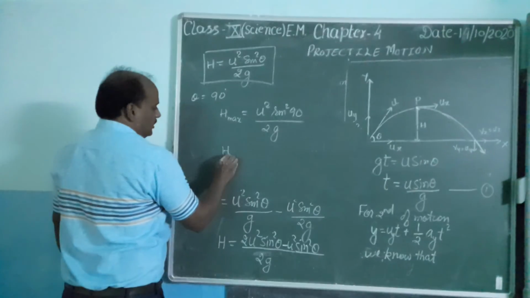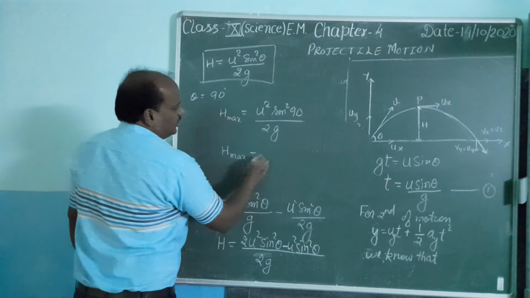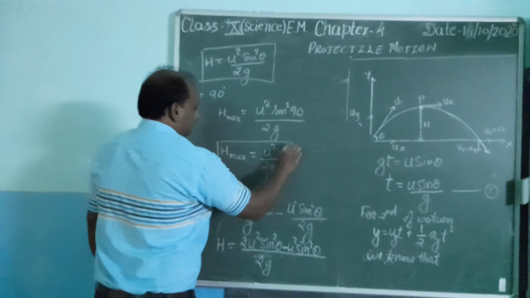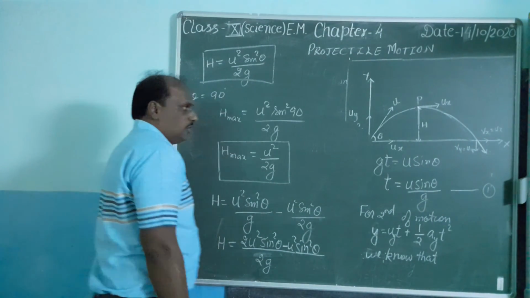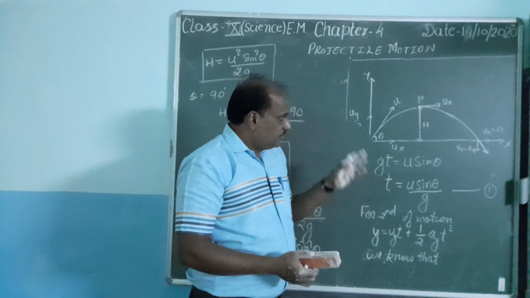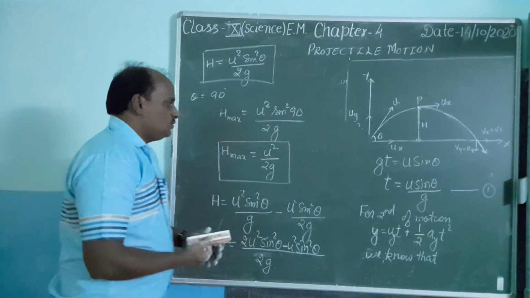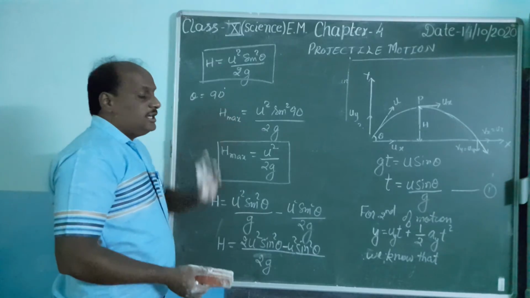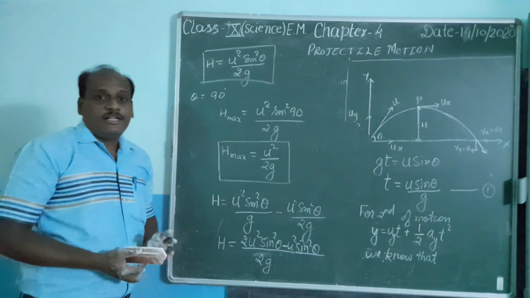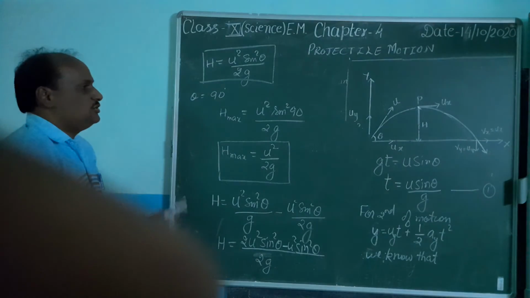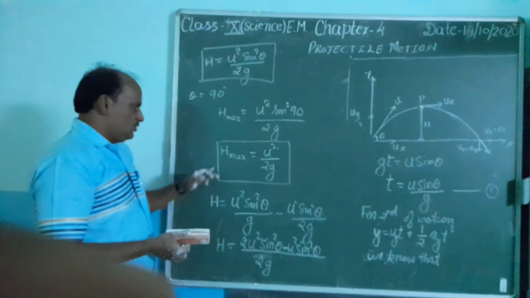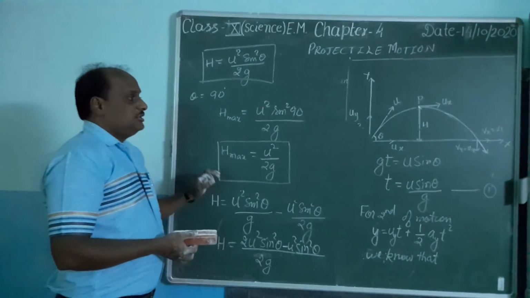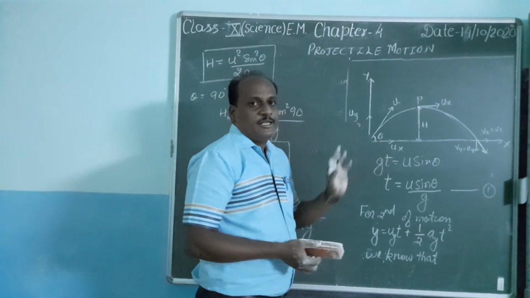So h max equals u square upon 2g. If you want to attain maximum height, you should throw the object in the vertical direction, making an angle of 90 degrees with the horizontal axis. This is the expression for maximum height when the projection angle is 90 degrees.